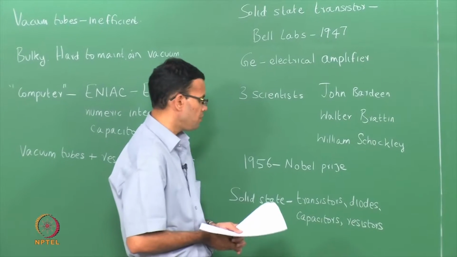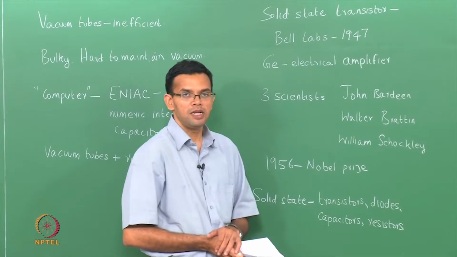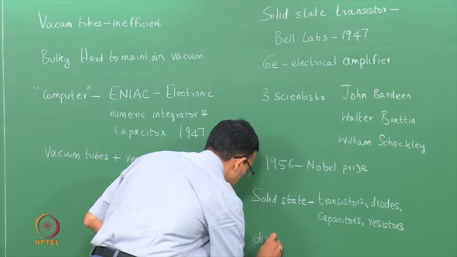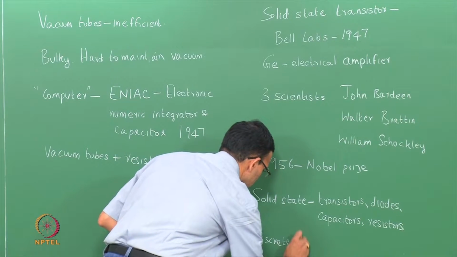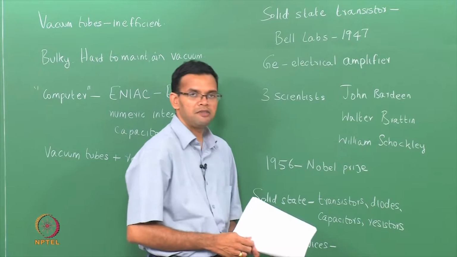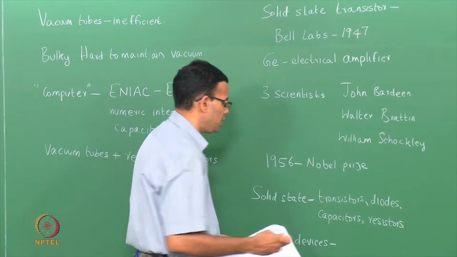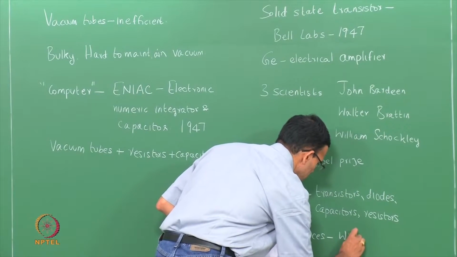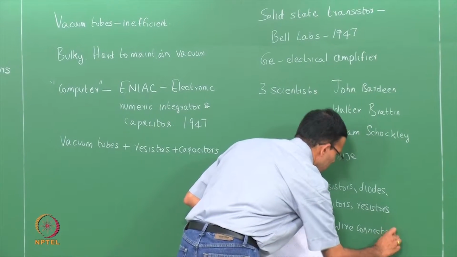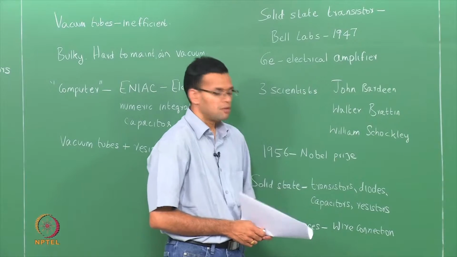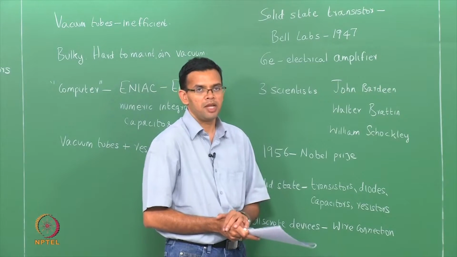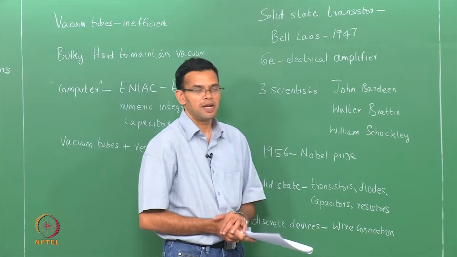Initially these devices were all built as discrete devices, which were then connected by wires. They were all built as discrete devices and electrical connections were made in order to build the final device.